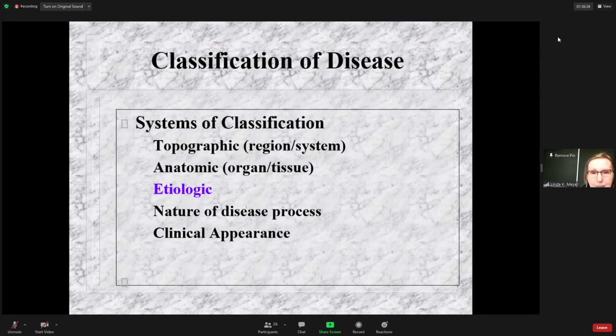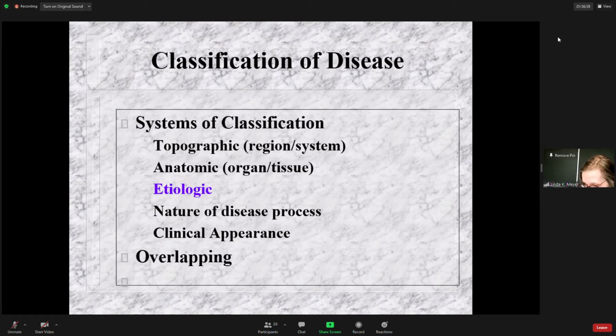I know those sound like big words, but they'll make perfect sense to you as we get to that. And I've just shown you how these classification systems are overlapping, how you can combine them to classify the different diseases.